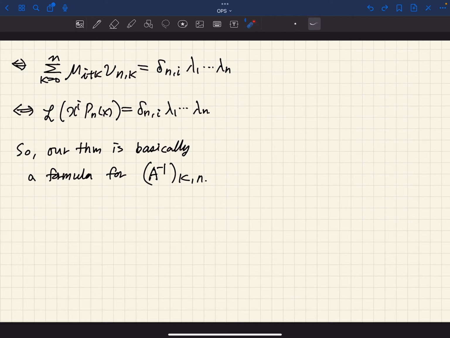So the natural question is, can we find any entry like ij? What about any r, s? Well, we can do the same thing to get a formula for this. Let me explain that a little bit.